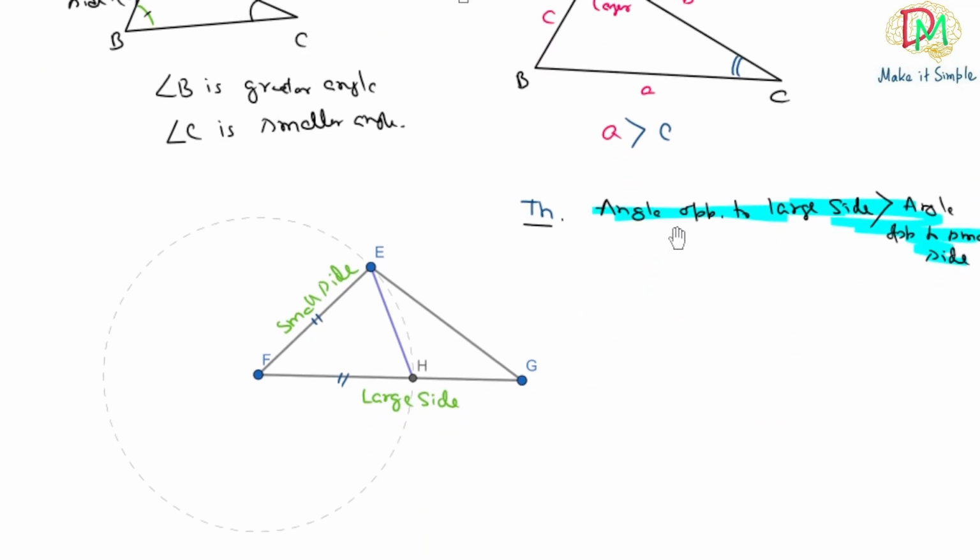The first theorem is: the angle opposite to the larger side is greater than the angle opposite to the smaller side.